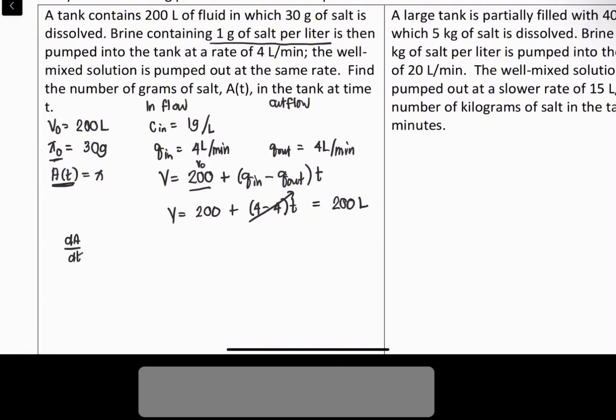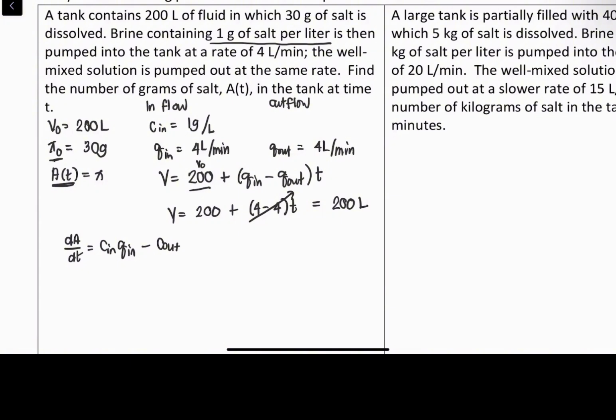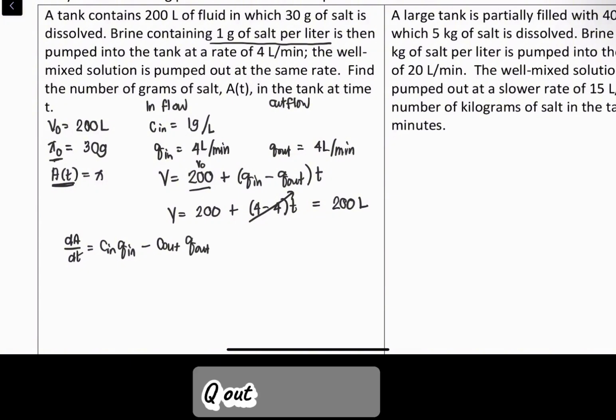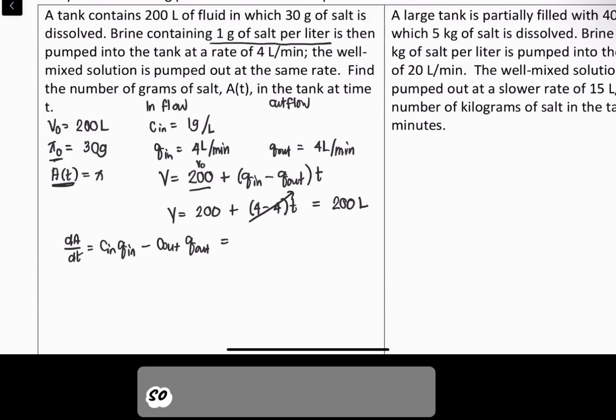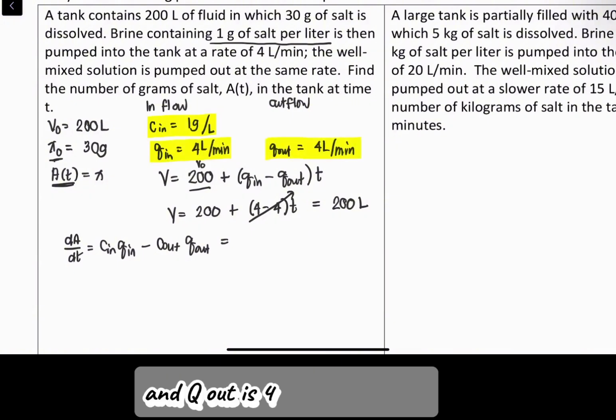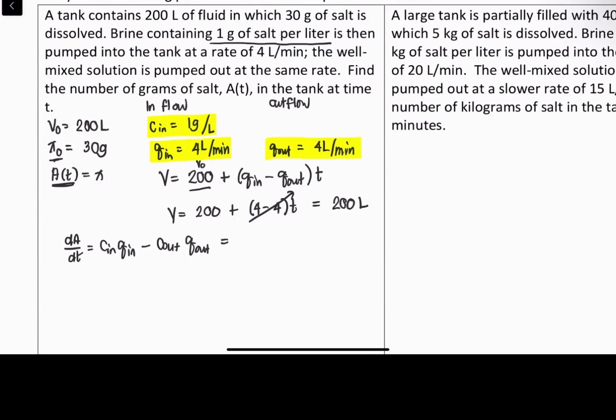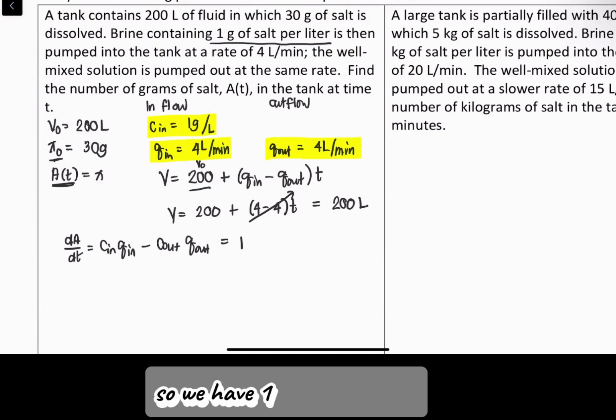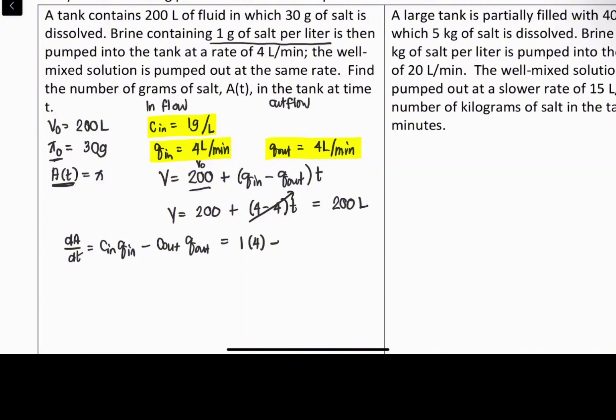over dt equal to C in Q in minus C out Q out. So your C in is 1 gram per liter, Q in is 4 liters per minute, and Q out is 4 liters per minute. So we have 1 times 4 minus C out.